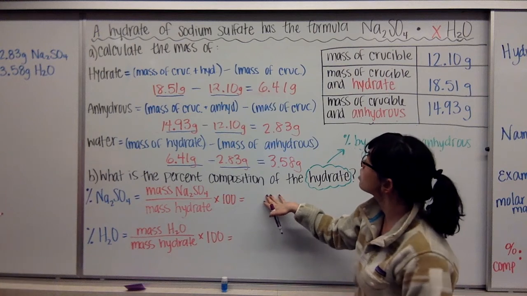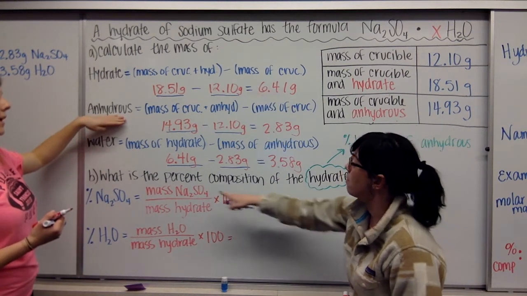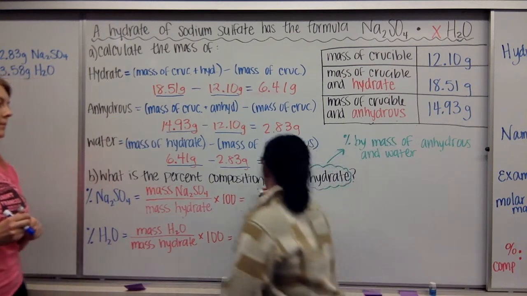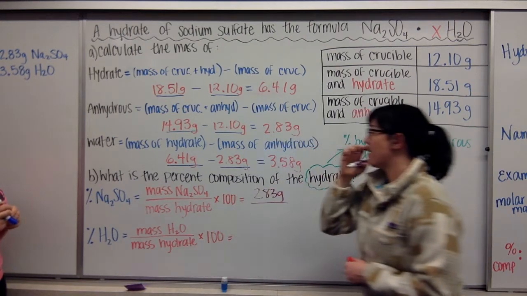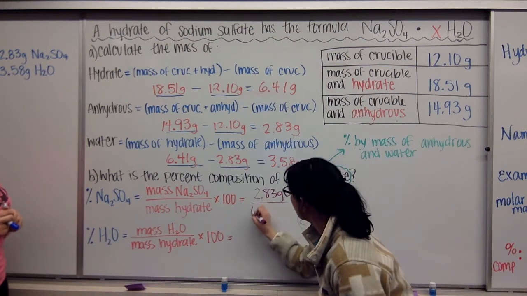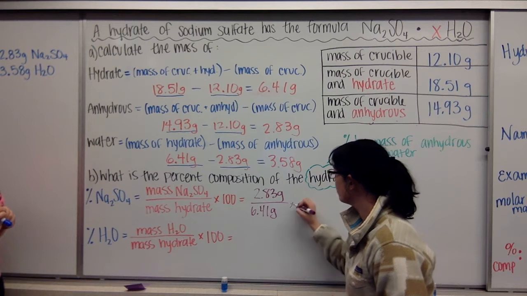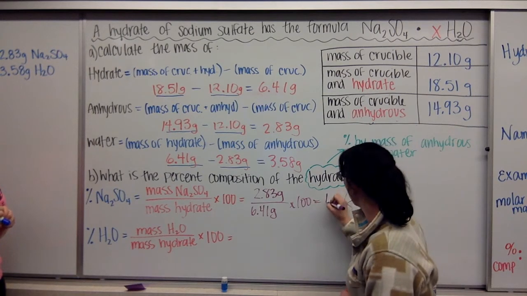So the mass of our sodium sulfate, our anhydrous, is going to be 2.83 grams, and the mass of our hydrate, which we calculated up here, is 6.41 grams, times 100, equals 44.1%.